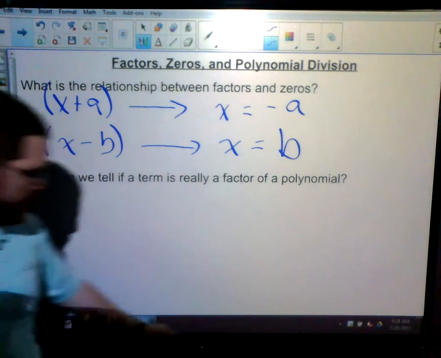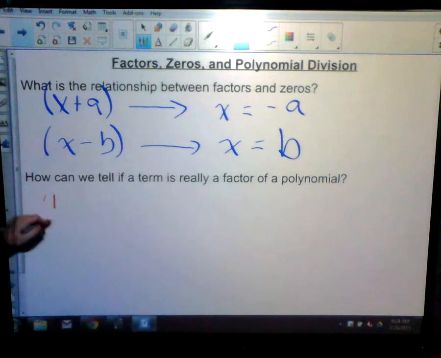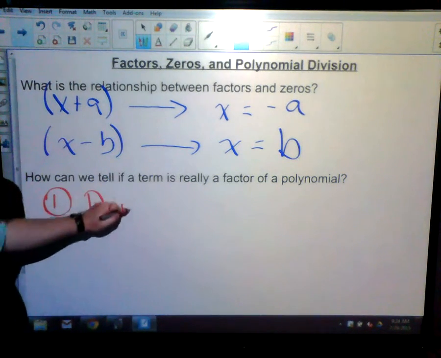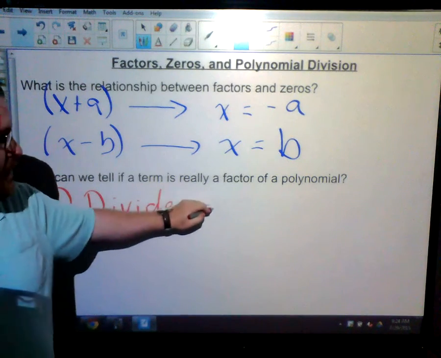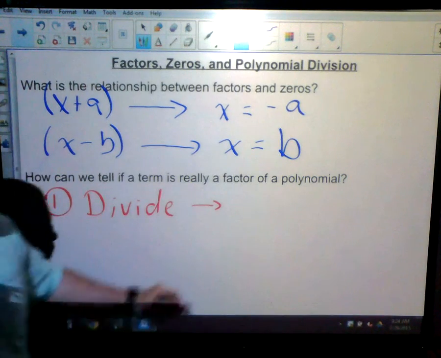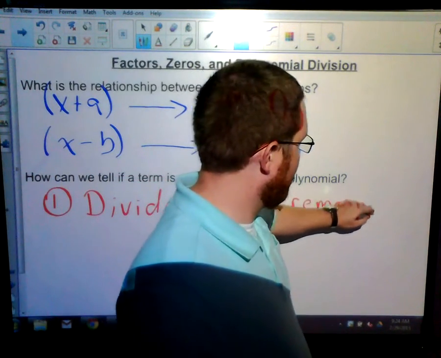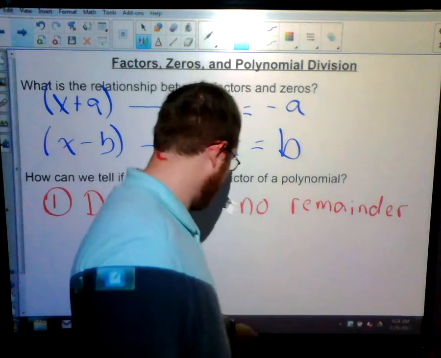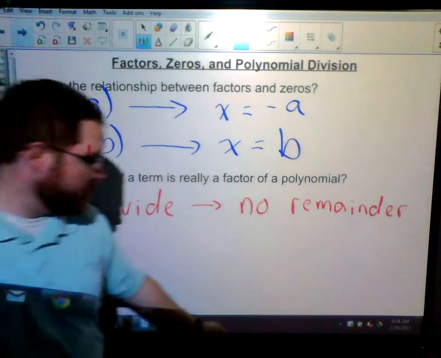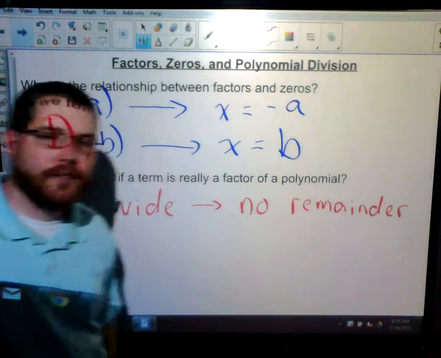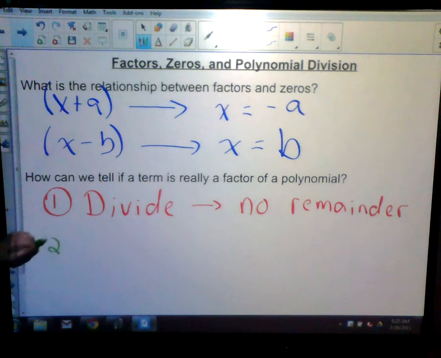There's two ways to do it. Method 1, we can divide out. If something is a factor, there should be no remainder. That's one way, and that's pretty much the fastest way. Is there another way? Sure.